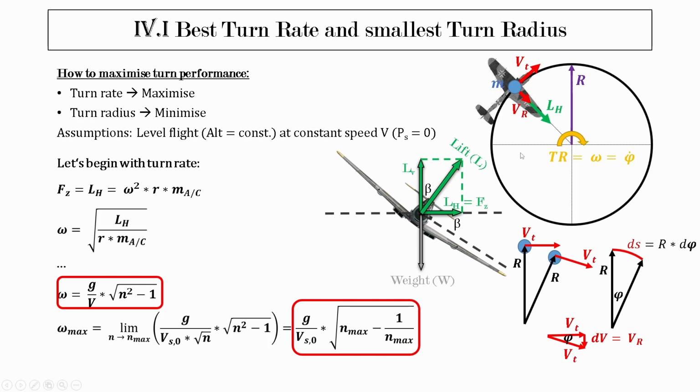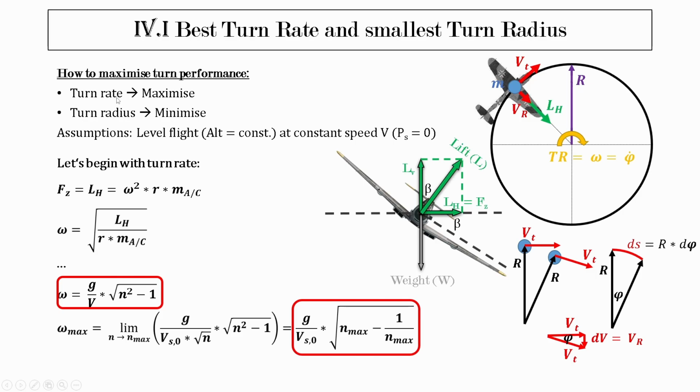For example, in a 2-circle fight, but we will get to that terminology in future lessons, I would want to maximize turn rate to get as fast as I can around my turn circle. In a 1-circle fight, which is a nose-to-nose fight, I would want to keep my radius as small as possible to get my nose on target first before the other guy gets his nose onto me. So those would be the scenarios for when to look for which of the two quantities.